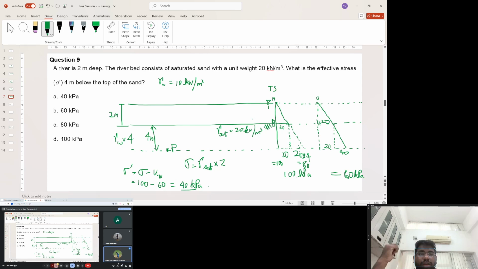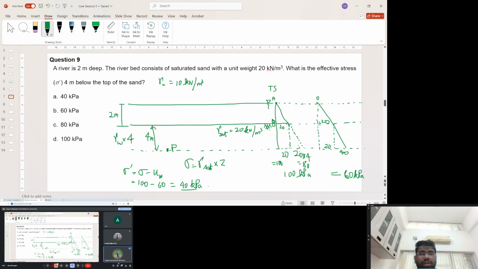So here, to understand it: the stress, that is the pressure you are calculating with gamma sat, includes the water's unit weight.